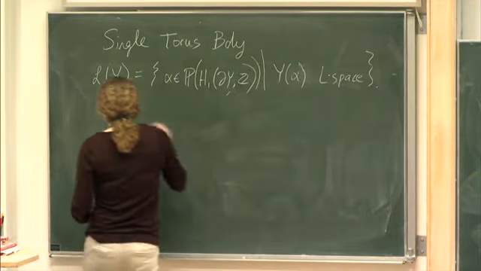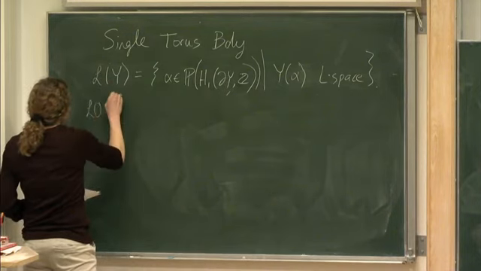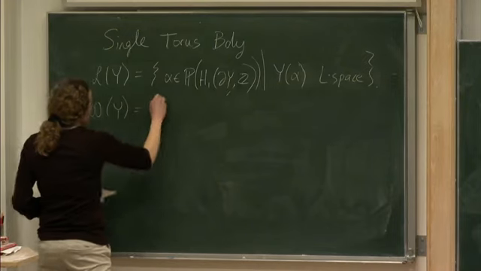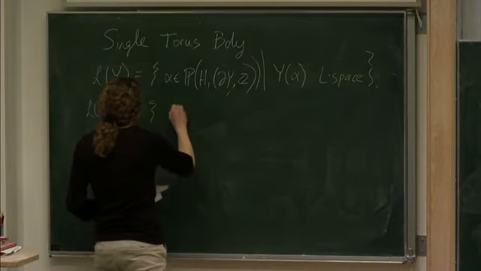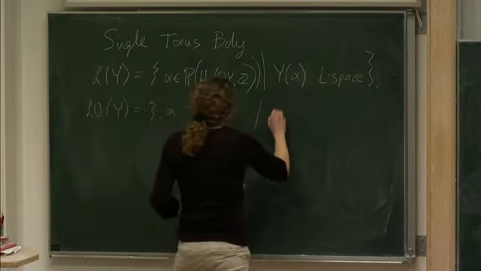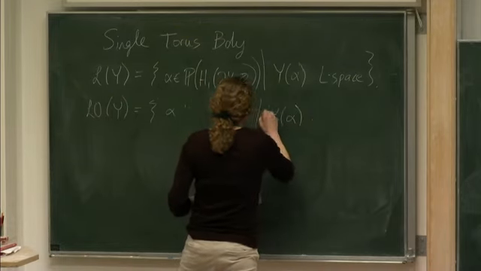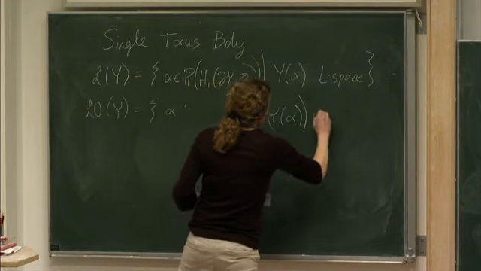And similarly, you could write down the space of left orderable fillings, so such that Y_alpha is left orderable.